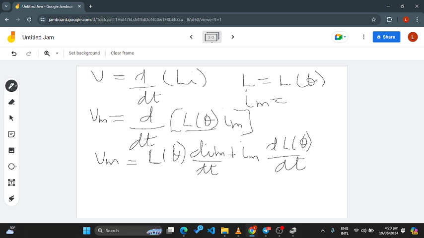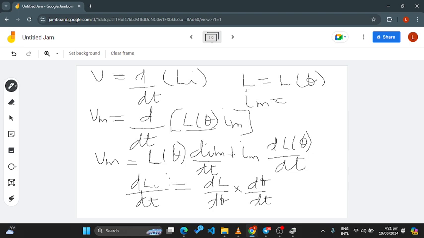We are now differentiating a function which depends on another variable with respect to time. So if I'm finding the dL/dt, let me write it this way. Here we are just interested in finding dL/dt. This is the same as finding dL/d theta times d theta/dt.